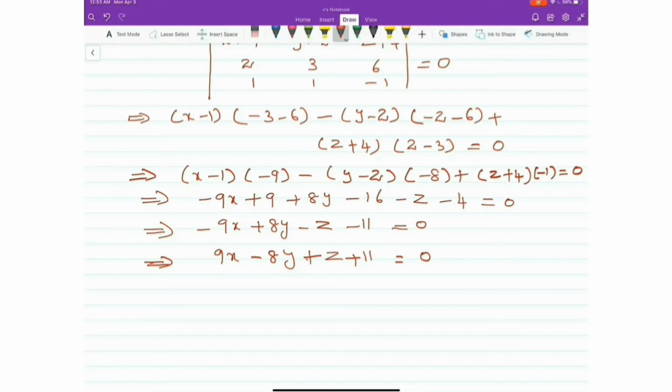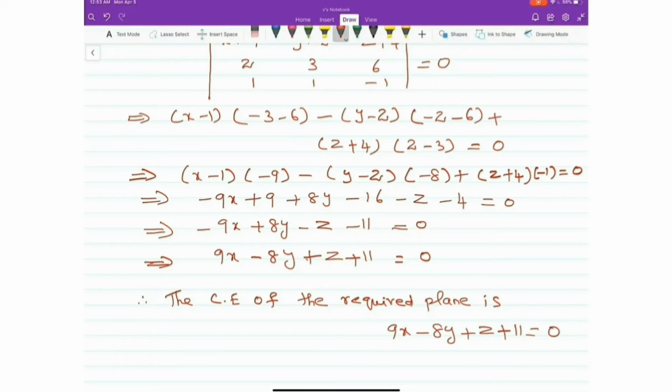So this is going to be the Cartesian equation of the plane. Therefore, the Cartesian equation of the required plane is 9x minus 8y plus z plus 11 equal to 0.